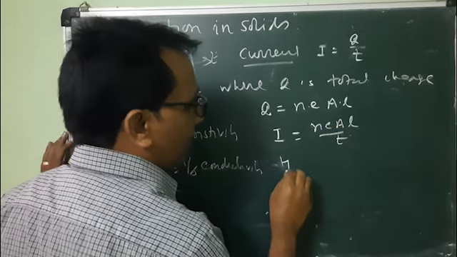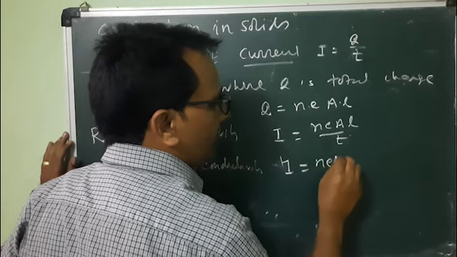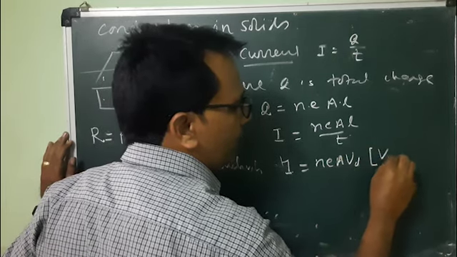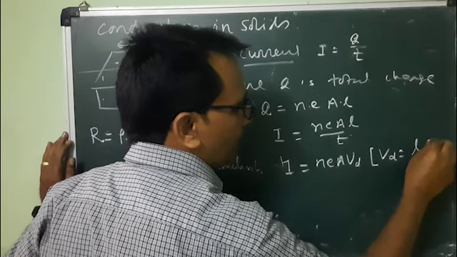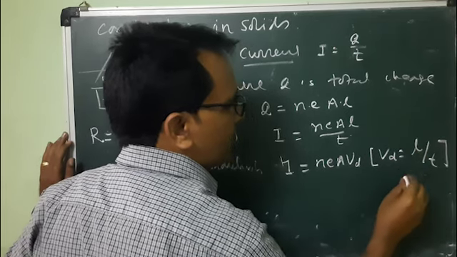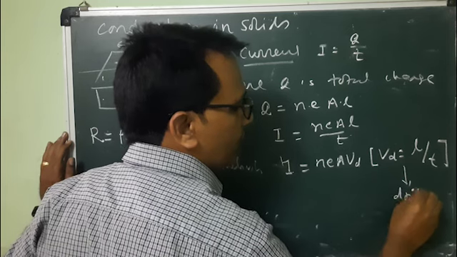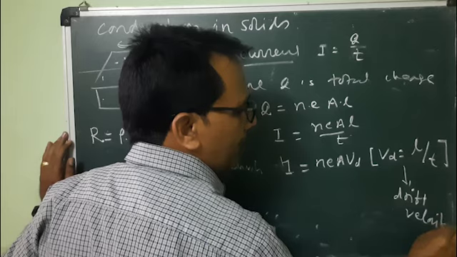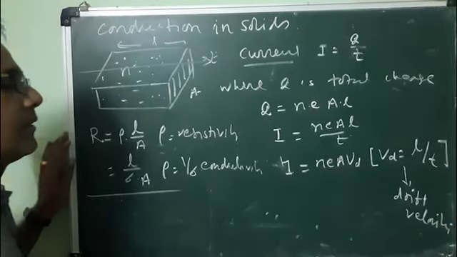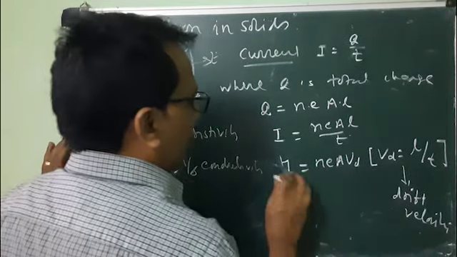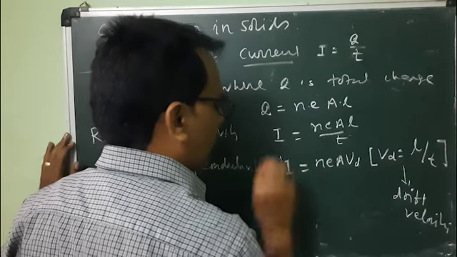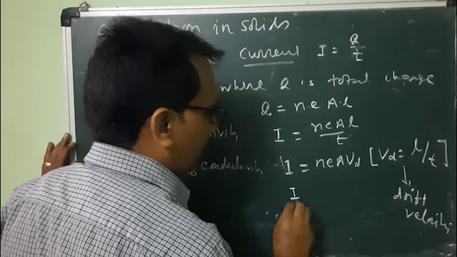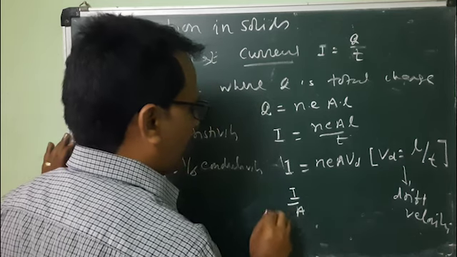So this I can also be written as n e A multiplied by Vd, where Vd is equivalent to L by T, which is known as the drift velocity, the average velocity of electrons inside that solid block. This I is a scalar quantity, so if you want to include the direction, we can convert it into a current density.